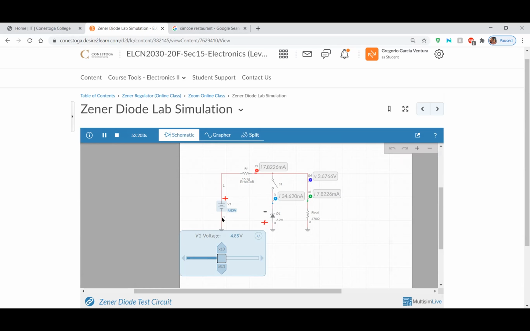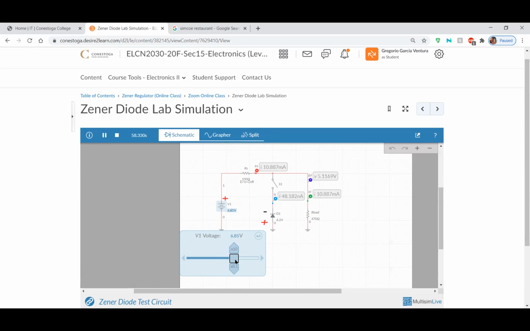Immediately you see that when the voltage goes up, the total current through the circuit also goes up. You are also going to see that the voltage splits between RS, our source resistor, and our load resistor.